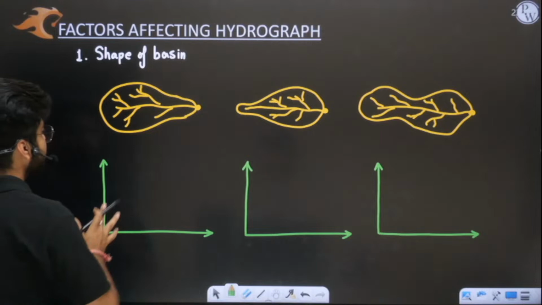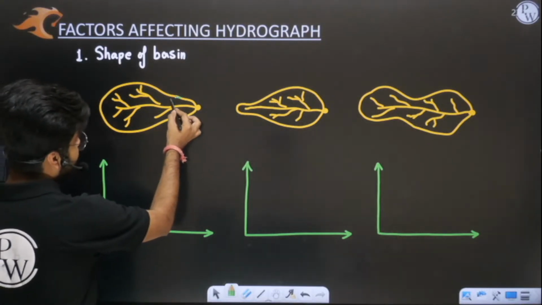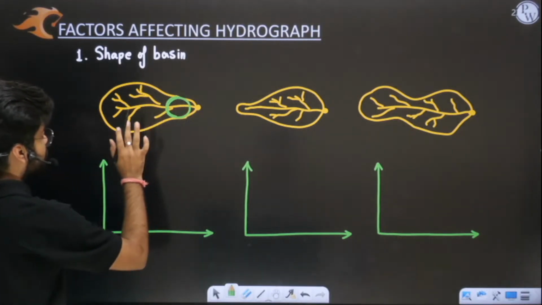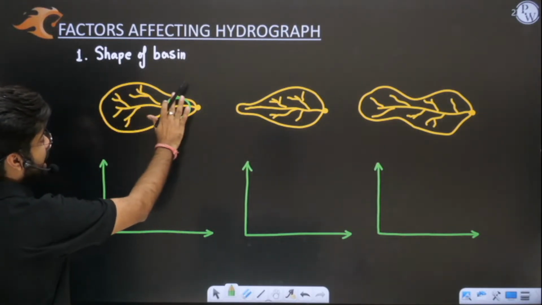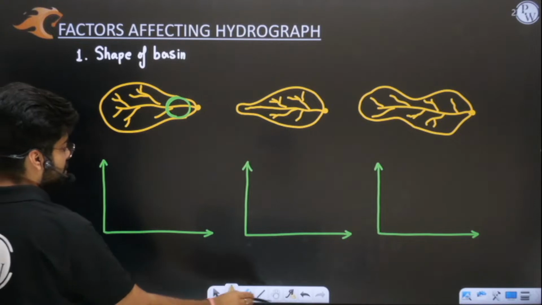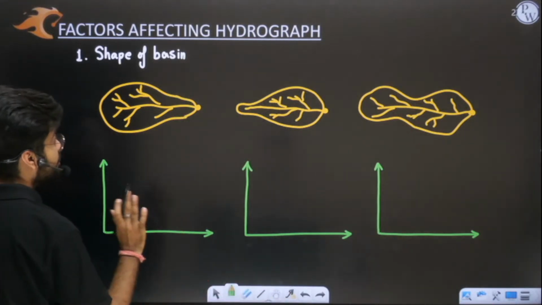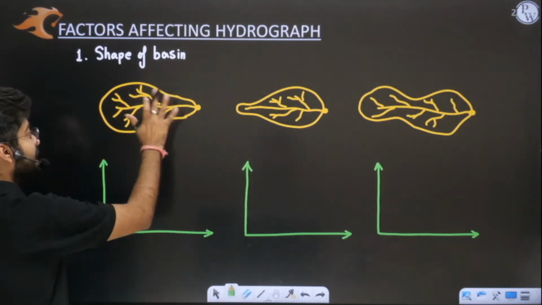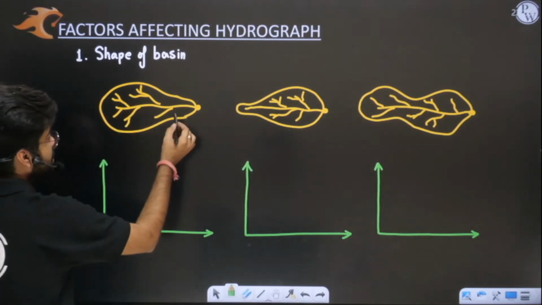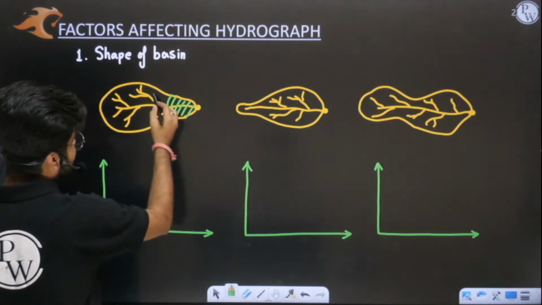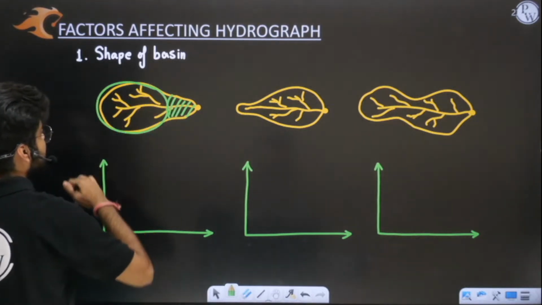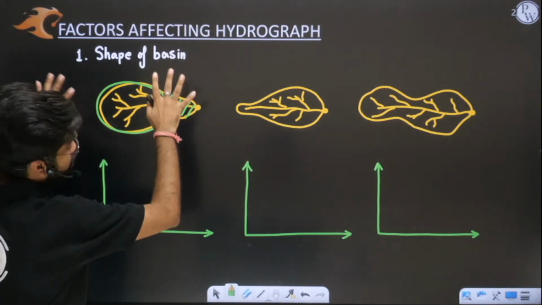But here we are assuming one thing. What are we assuming? We are assuming that the entire catchment has received uniform rainfall.